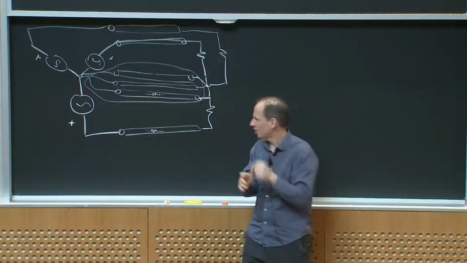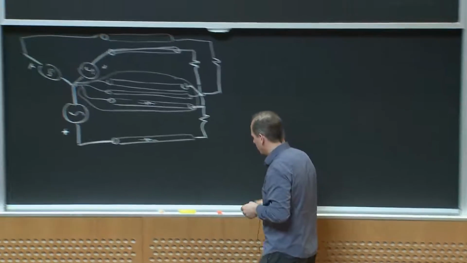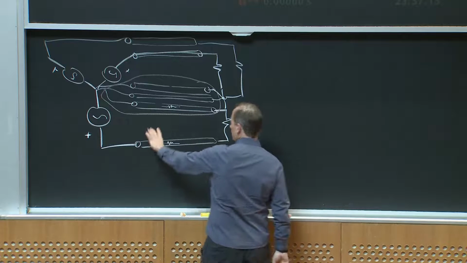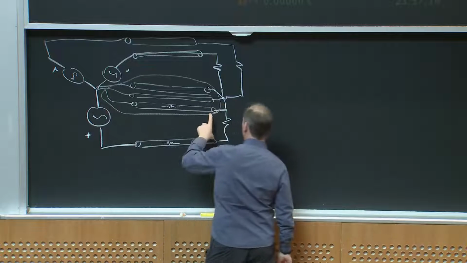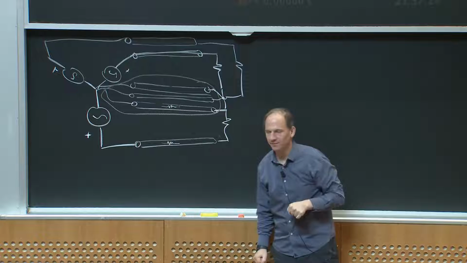Now I should say, I'll give you one little tiny caveat to that, which is that if I thought about the insulation rating of these, right? The voltage between this conductor and the neutral is Vs, right?